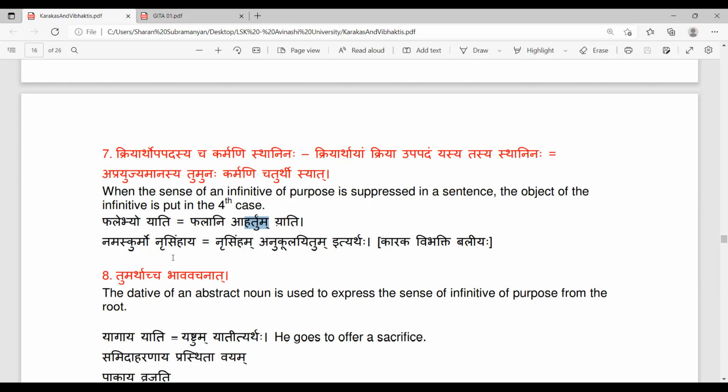Also, here you can see the namaskara which is offered to Narasimha. The word namaha governs Chaturthi Vibhakti, as we saw before. Here namaskurmaha is there.